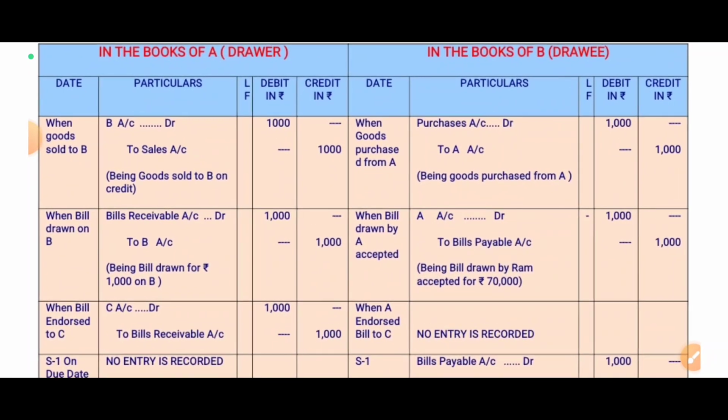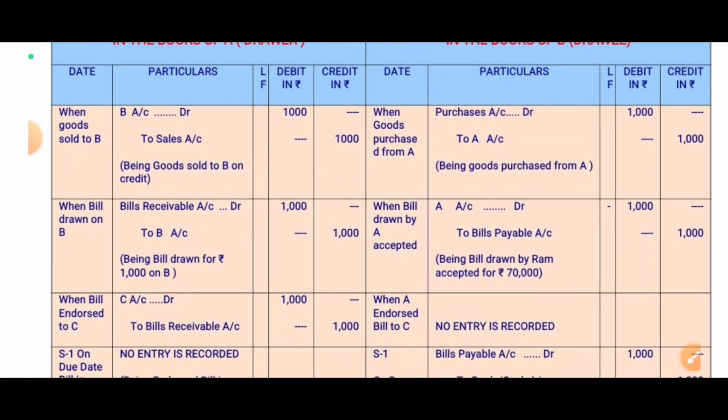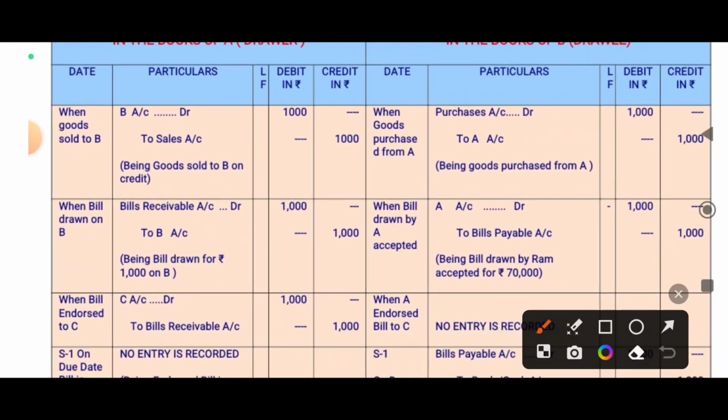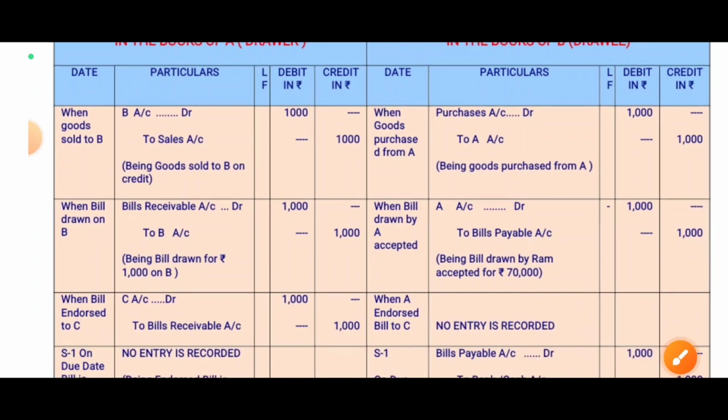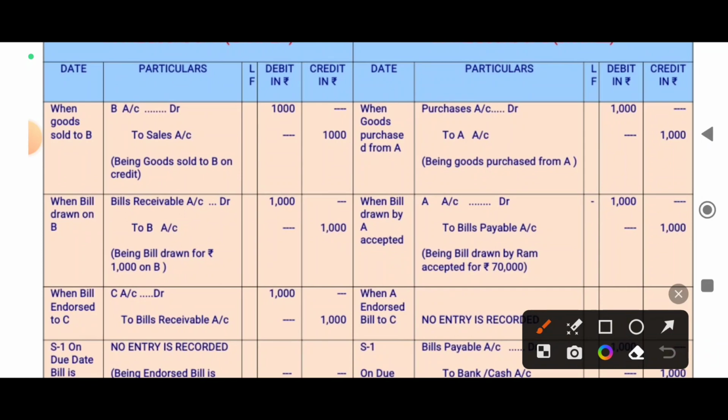Next transaction you can see here. When bill is drawn on B and accepted by B, A is drawing the bill.